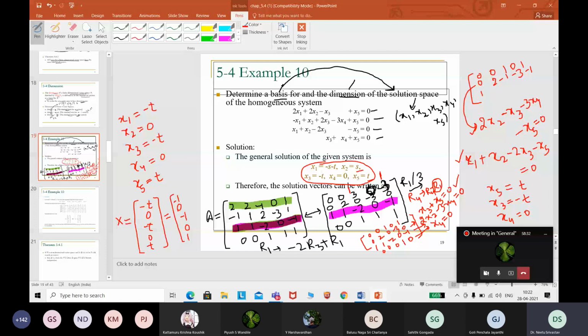Then, see how many linearly independent and how many linearly dependent vectors you have in the solution space. X is defining the set of all possible values where t can take any value.